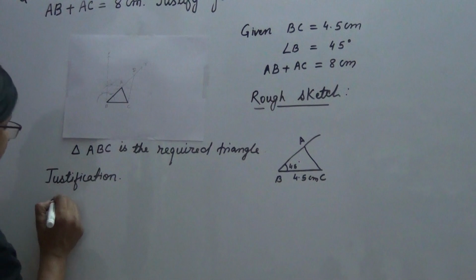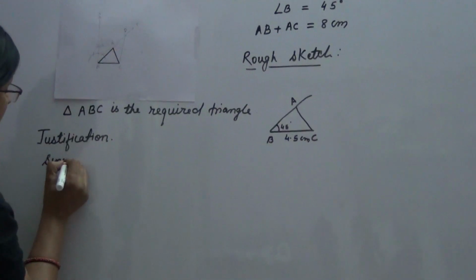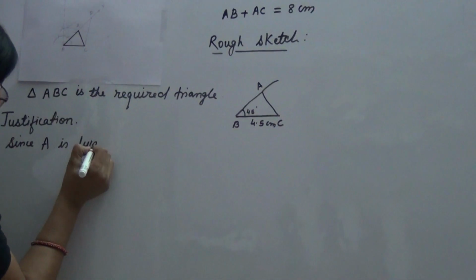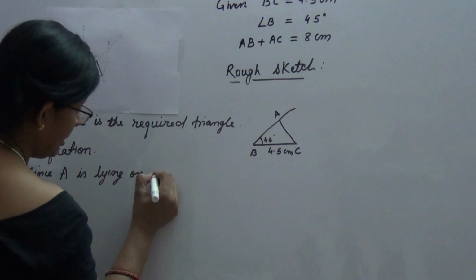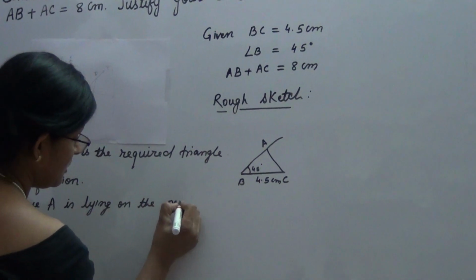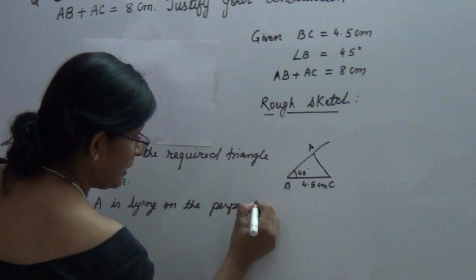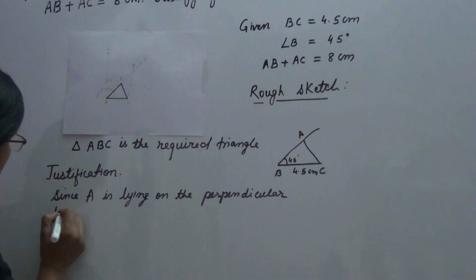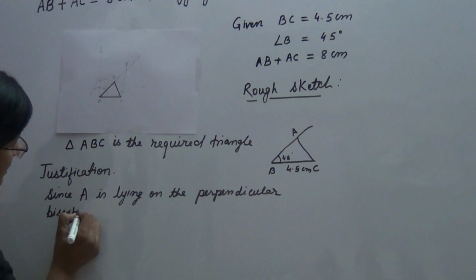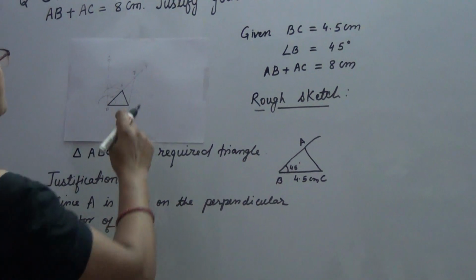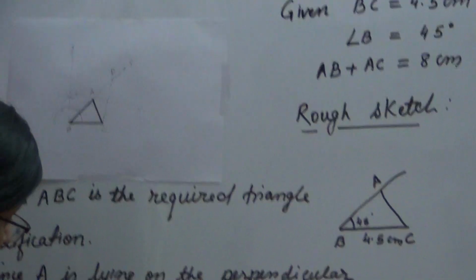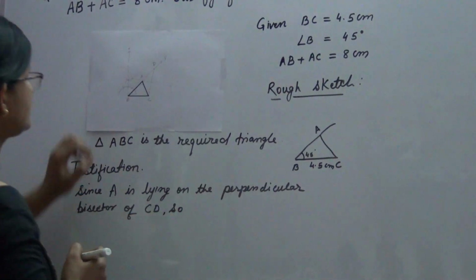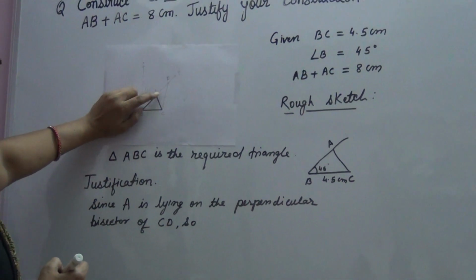since A is lying on the perpendicular bisector of CD, AC is equal to AD.